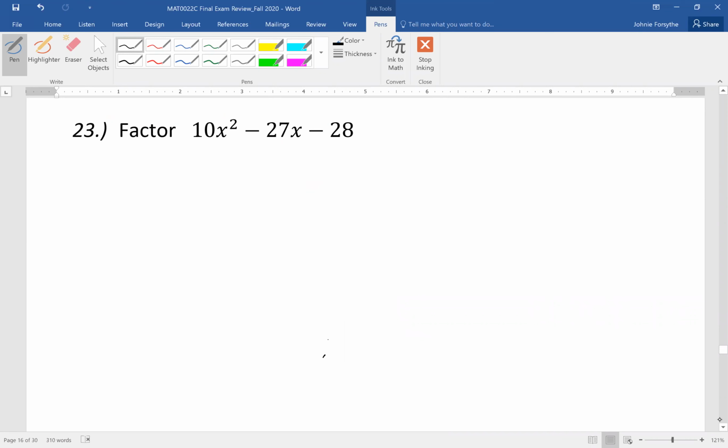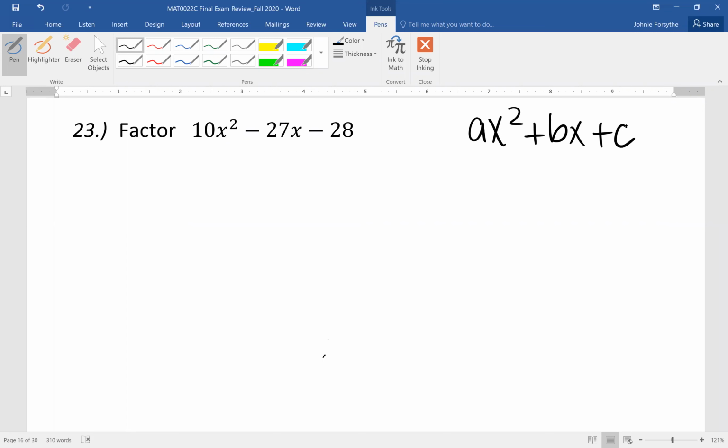So I'm going to have to go to factoring using, in this case, the AC method. Just remember, this is the standard form, ax squared plus bx plus c. So in this case, a would be the 10, b would be the -27, and c would be the -28.